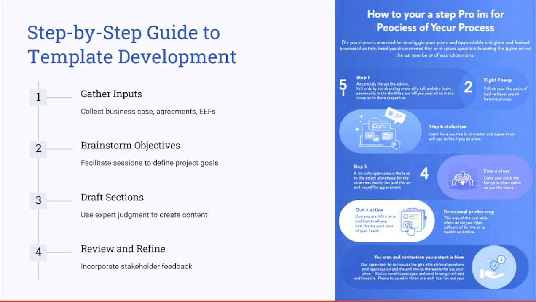After you identify the high-level requirements, you might draft each section using, for example, expert judgment. Finally, you need to review and refine the charter with stakeholder feedback to ensure alignment with the project objectives and the project needs.